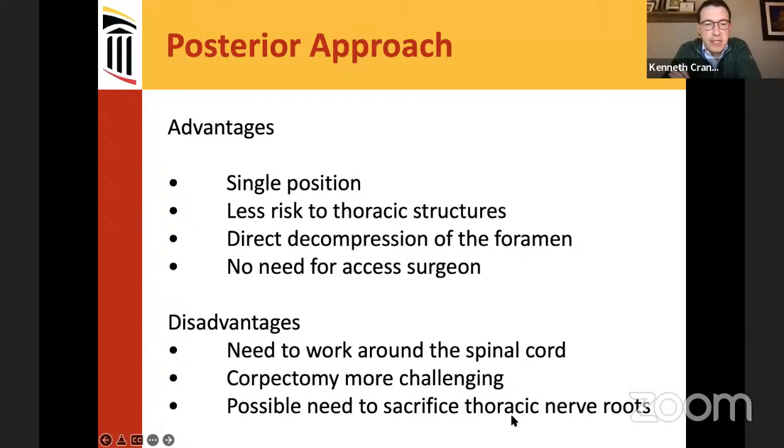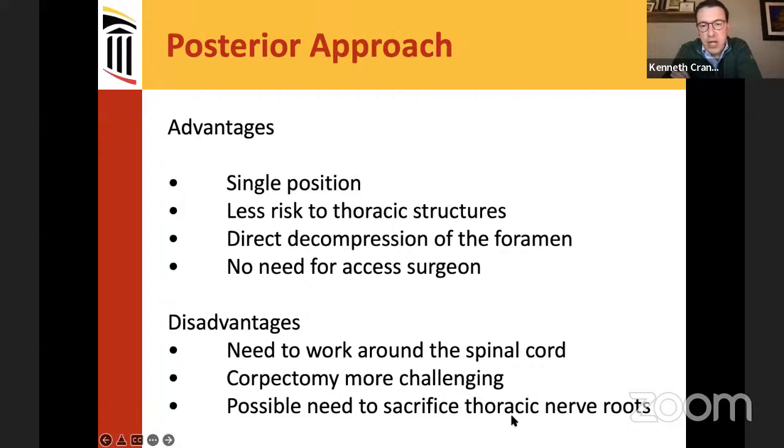That's probably the biggest disadvantage and also the biggest risk, because when you're manipulating things around the spinal cord and trying to push fragments that have retropulsed into the canal around from ventral to the spinal cord, you're not necessarily seeing what you're doing all the time, and it can certainly be risky.